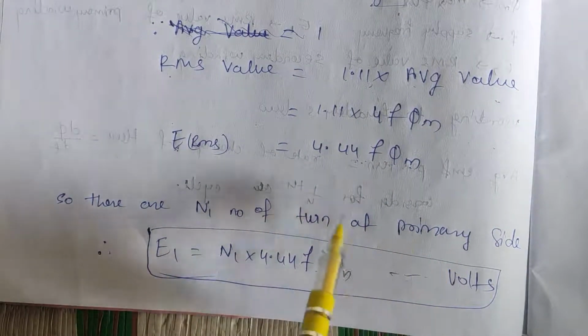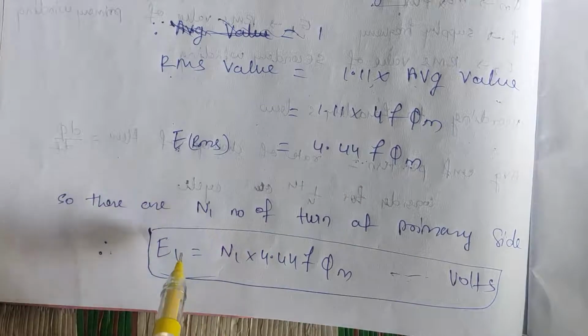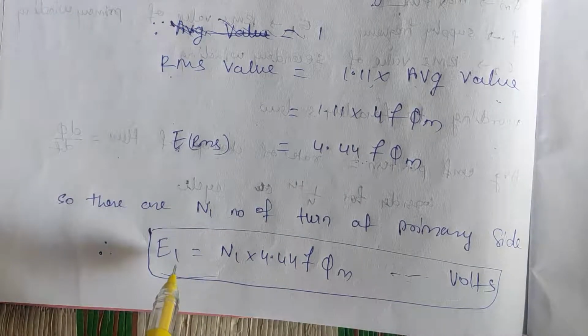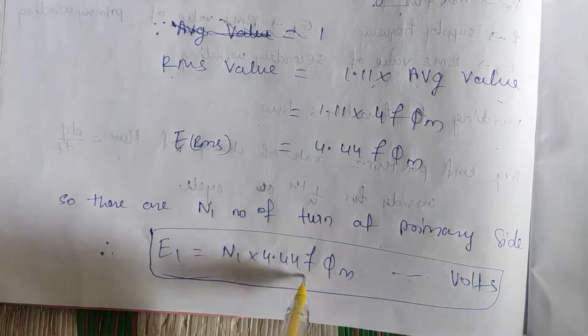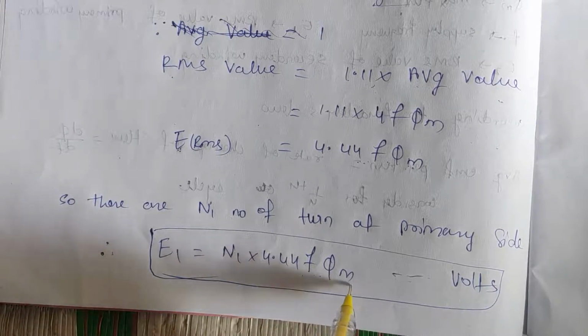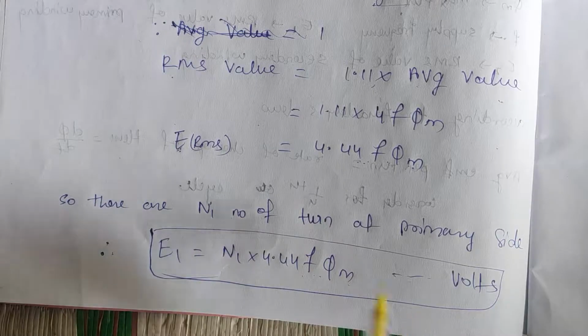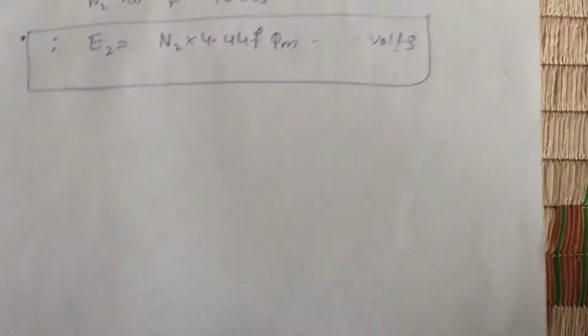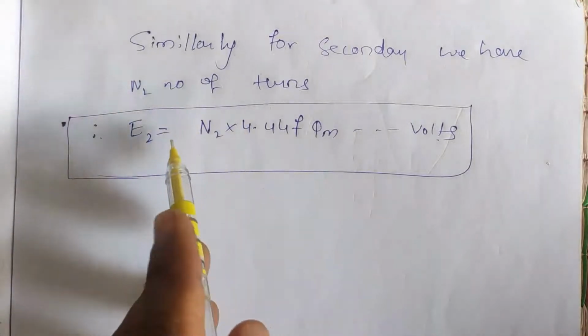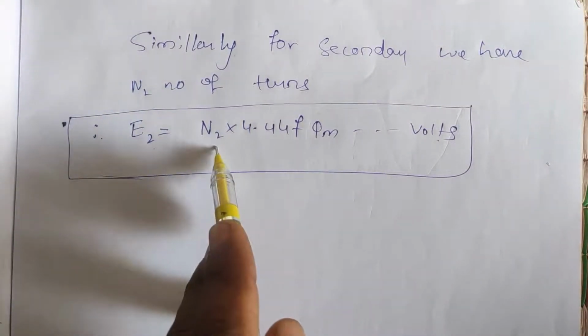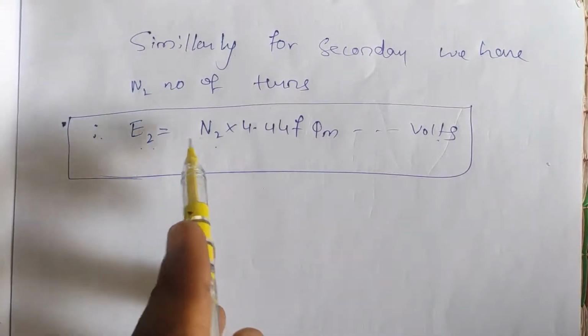Now our EMF RMS is equal to 4.44 frequency into maximum flux.